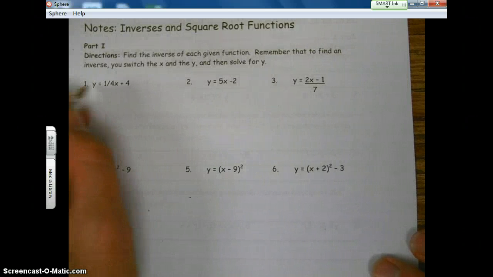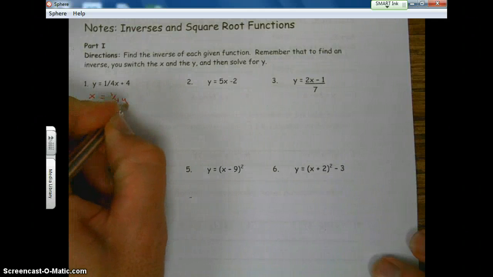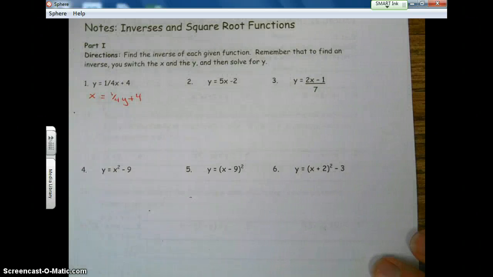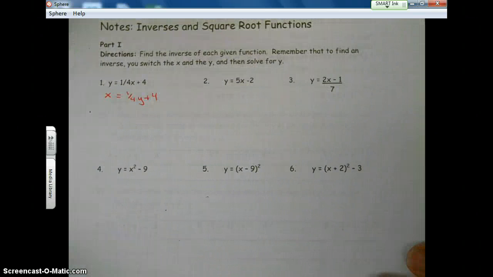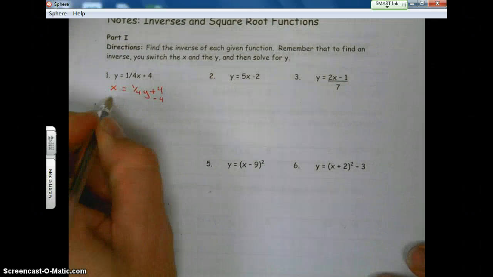Switching the x and the y is the first step. And then solving for y is the second step. So we would undo our addition.